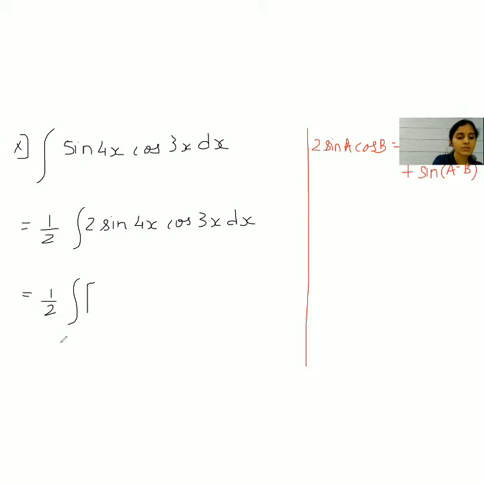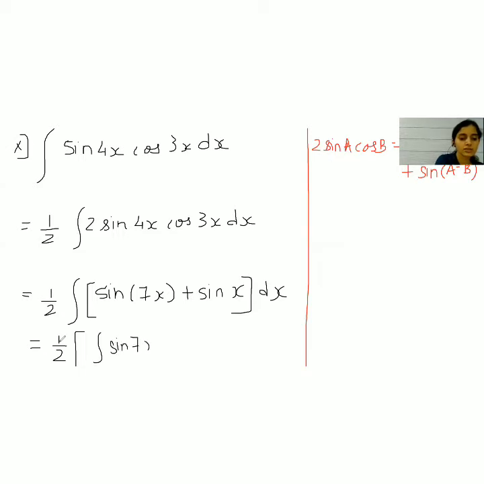In the bracket, 2 sin A cos B can be written as sine of A plus B, that is 4x plus 3x, so 7x, plus sine of A minus B, that is 4x minus 3x, that is sine of x dx. Okay, simple. So we put half here, we take the bracket and we say integration of sine 7x dx plus integration of sine x dx.